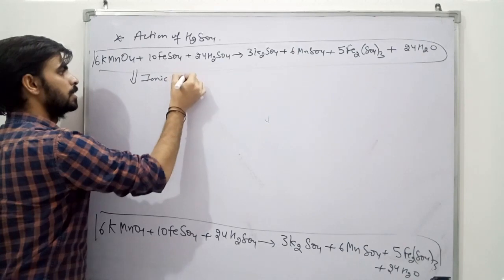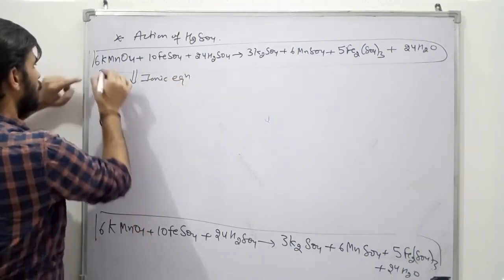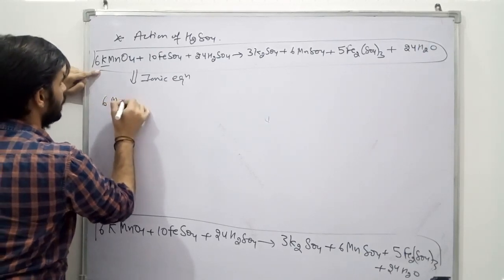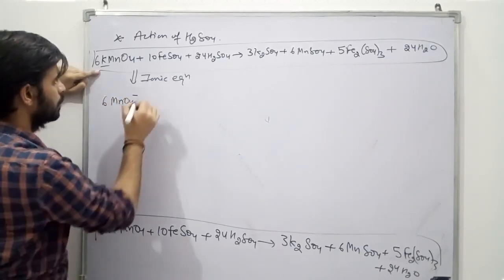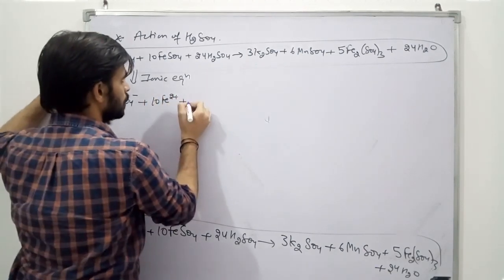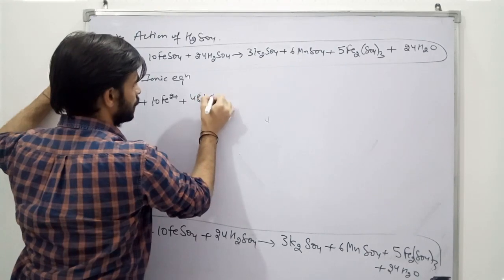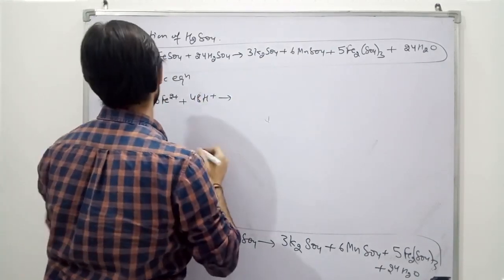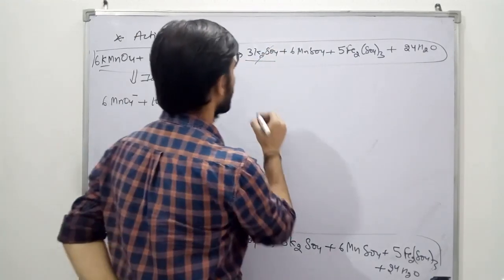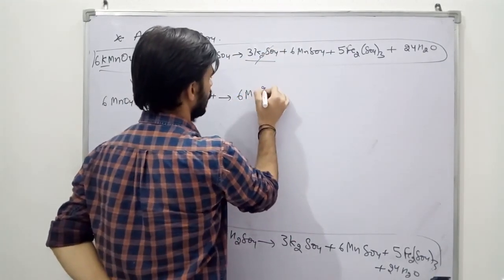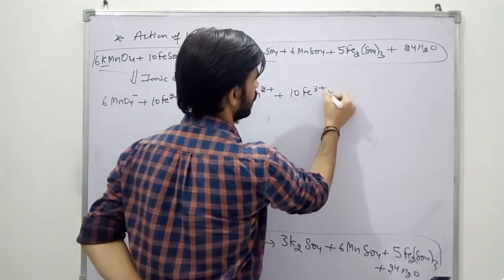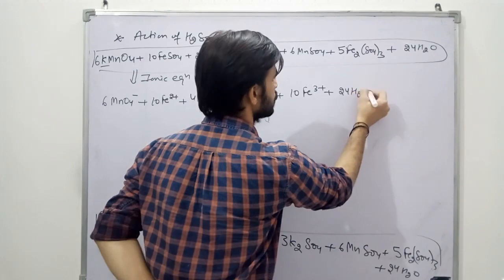Ionic equation. Again neglect potassium, then we have 6 MnO4 negative, 10 Fe2 positive, 48 H plus ions gives, neglecting the sulfates, 6 Mn2 positive, 10 Fe3 positive and 24 H2O.